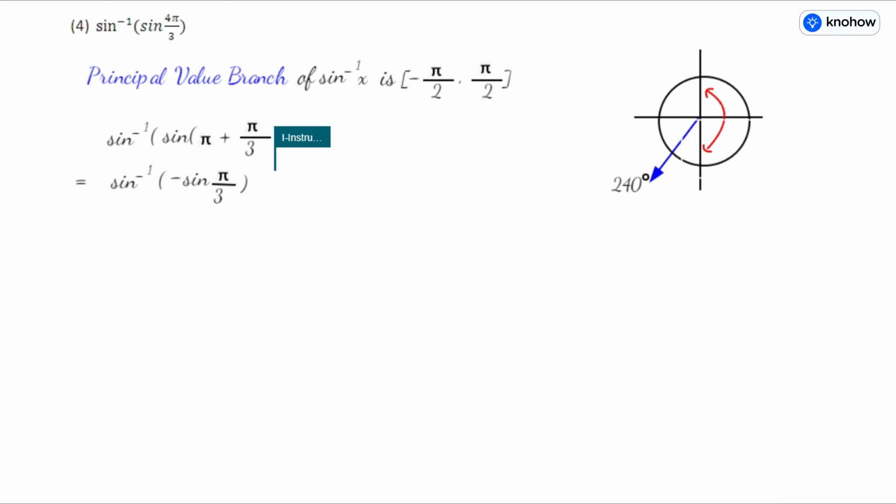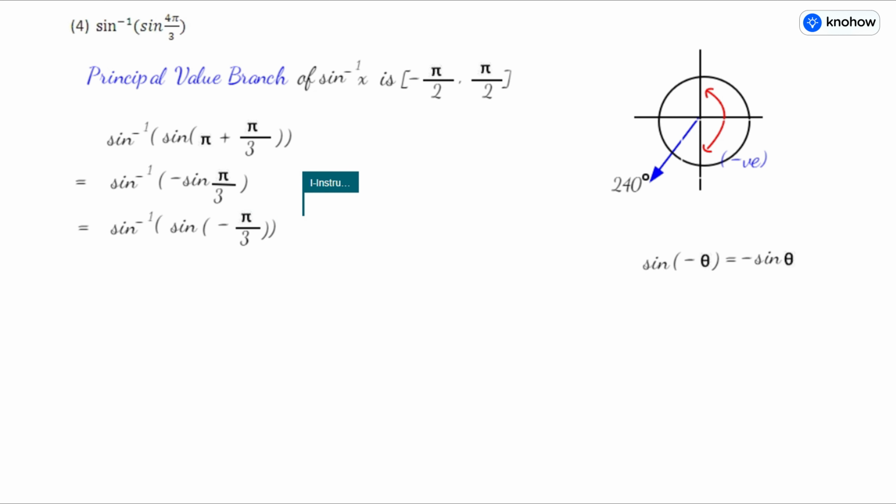And you know, sine of negative theta is negative sine theta, so negative sine theta may be rewritten as sine of negative theta. That is sine of negative pi by 3. And this negative pi by 3 very much lies in the principal value branch, negative pi by 2 to pi by 2. So finally, sine inverse of sine theta is theta is applicable. So minus pi by 3 will be the answer.